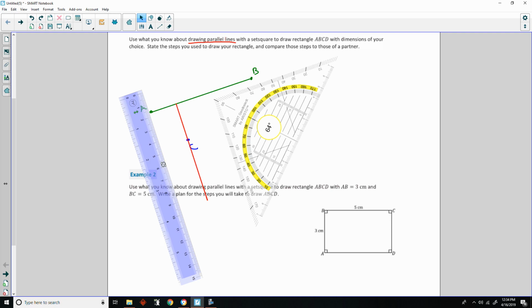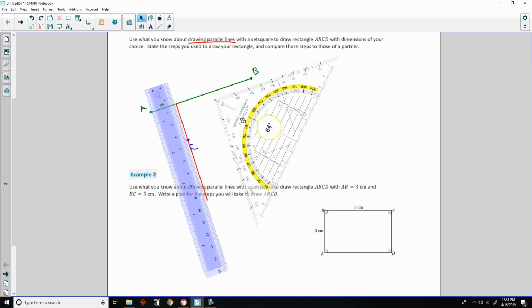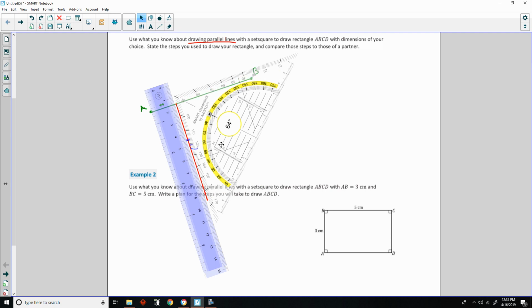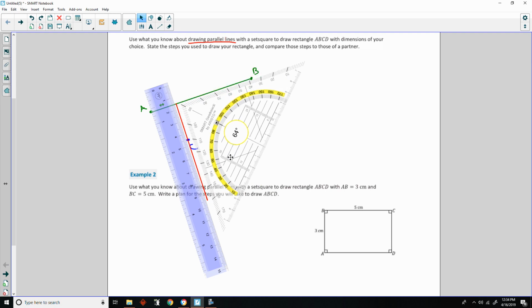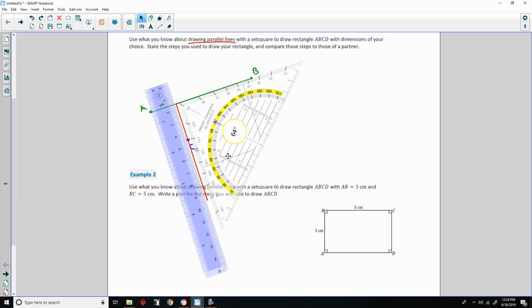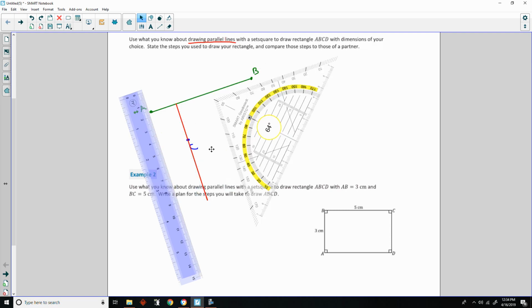So it'd be right through C like this, using the ruler and using the geo square as a guide for the ruler. So I'd line up the geo square right on my line like so, and then actually you could use the geo square to draw this. So let's not draw that red line yet.